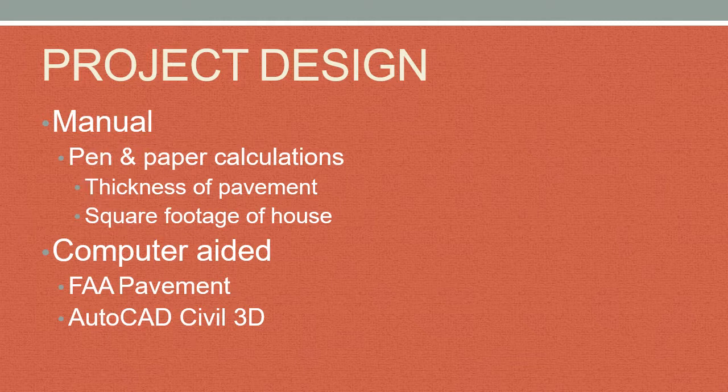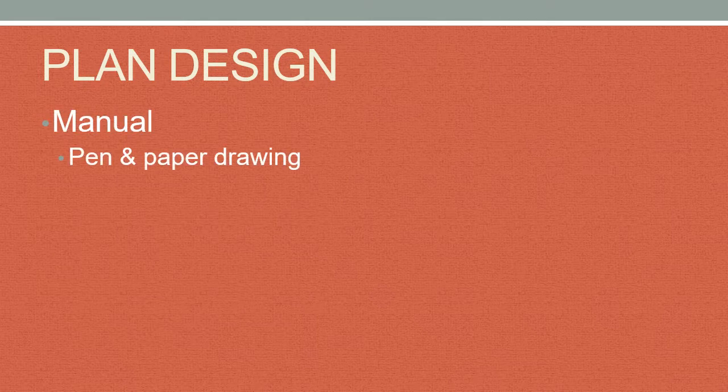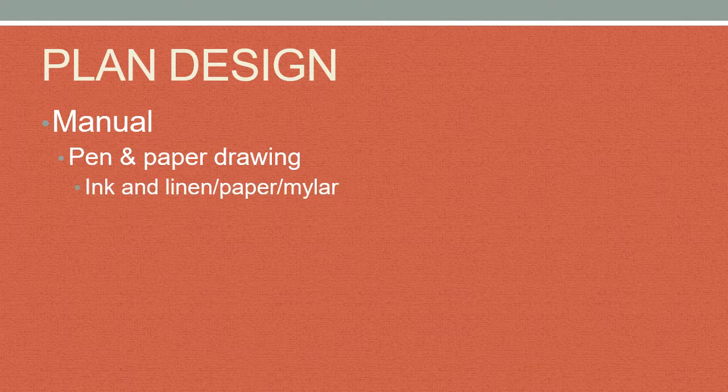Now I have a design. Now I have to convey that information to a set of drawings. So how do I do that? Well, I can do that manually, basically, again, using pen and paper. Over the years, drawings have been done with ink on linen, or ink on paper, or ink on mylar.